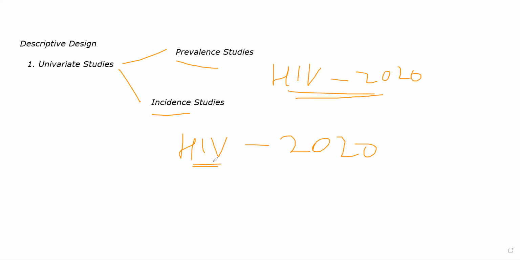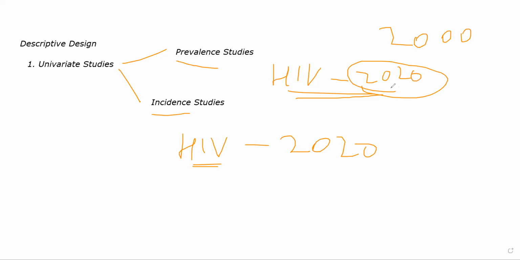In incidence, you are seeing how many new cases have come in 2020. In prevalence, you'll also account for the old cases. People who are already suffering from HIV, you'll also account for those cases. There might be people who are suffering from HIV since 2000. So all the cases prevalent up to this point, meaning up to 2020, from whatever point, how many people are affected by HIV at this point of time, that will be prevalence.